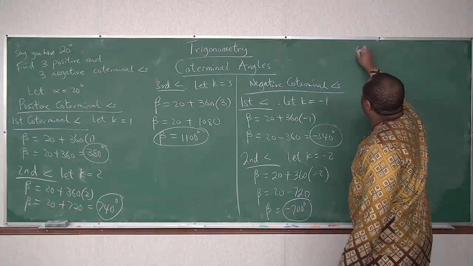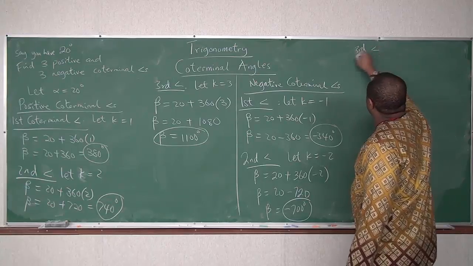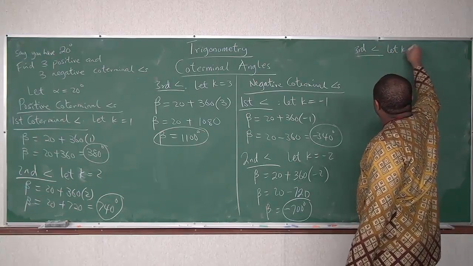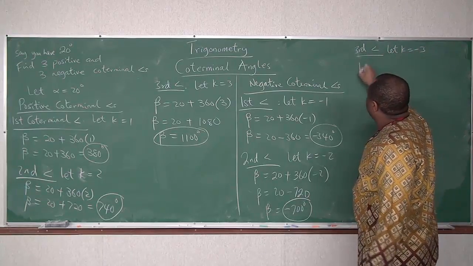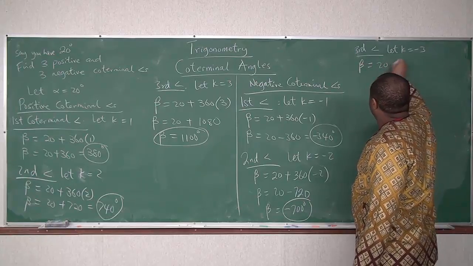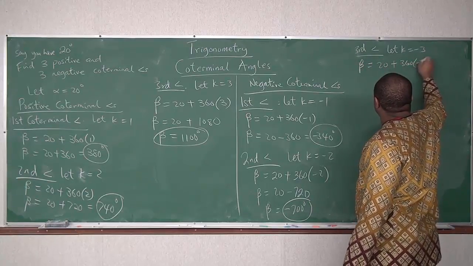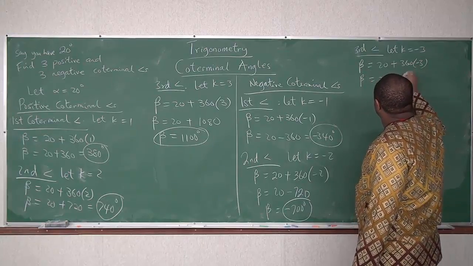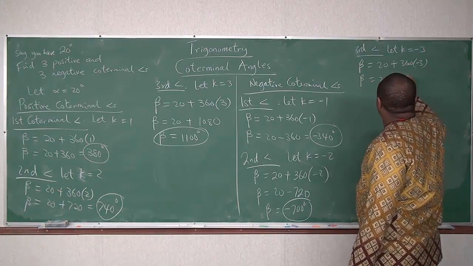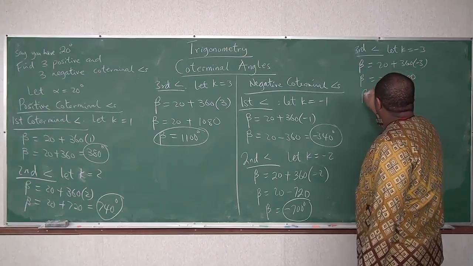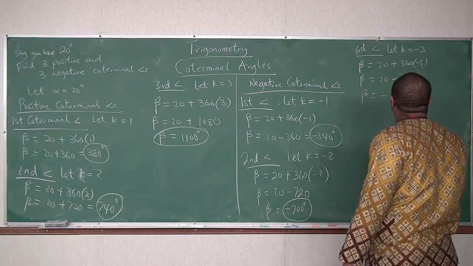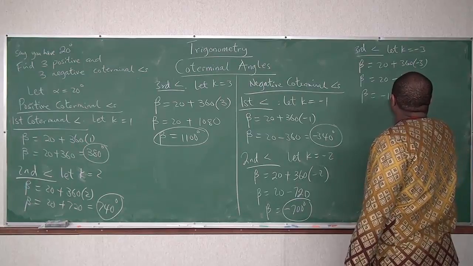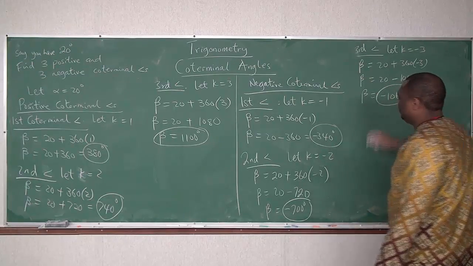And then third negative coterminal angle, let K be negative 3. So beta will be 20 plus 360 times negative 3. Beta will be 20 minus 1080. So beta will be negative 1060 degrees.